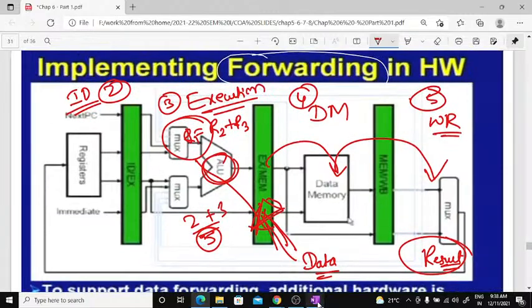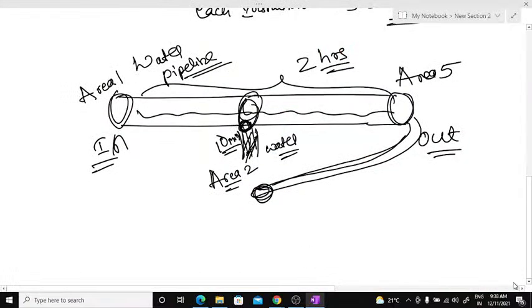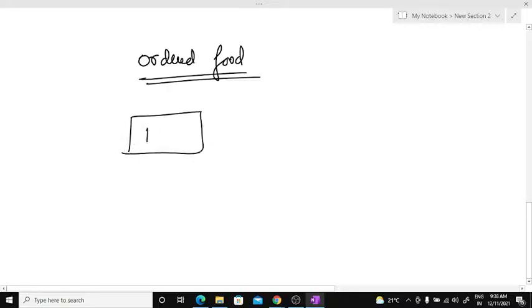Okay, or you can see here, suppose you have ordered food in a hotel. Okay, you have ordered the food and suppose you are here at your pizza center.